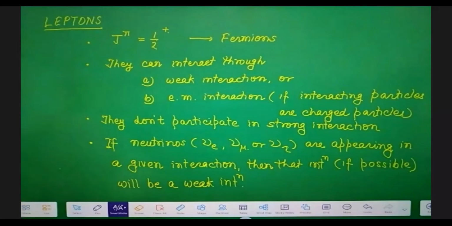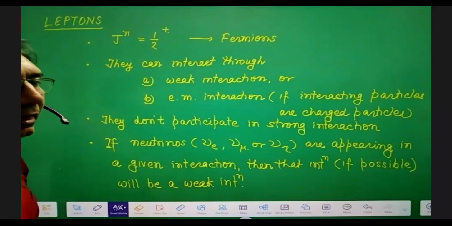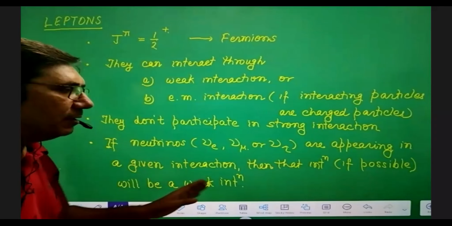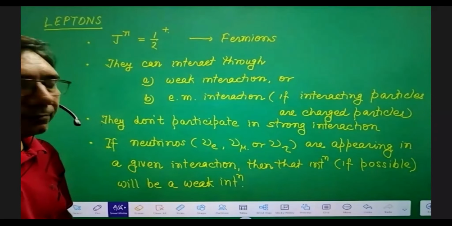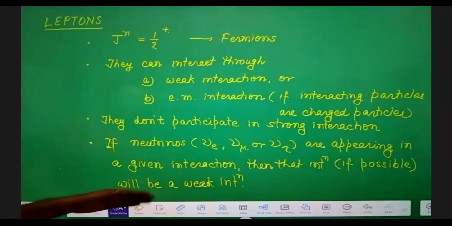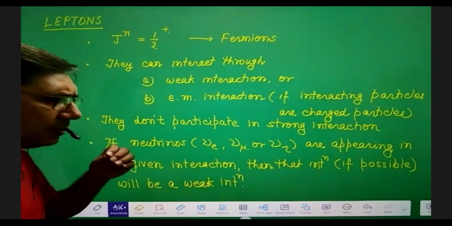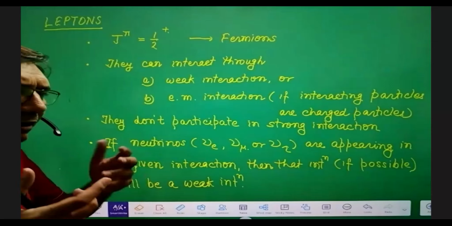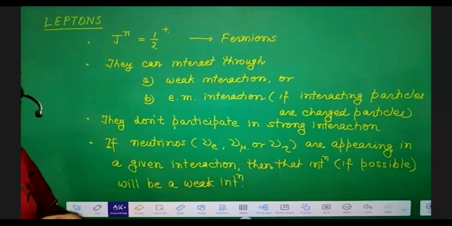So that's why you say that it may be a weak interaction. When I discuss parity with you, I will explain this. And when I discuss questions again and again, you will find this out. ऐसा नहीं है कि these are very difficult things. They will become very trivial if you start thinking in a logical way.